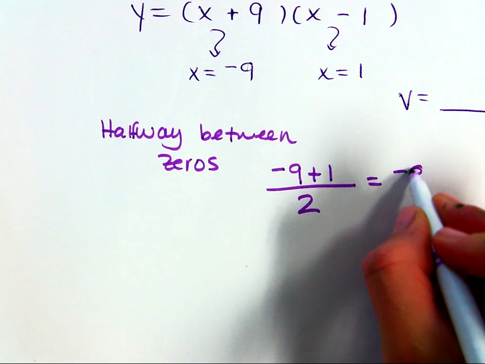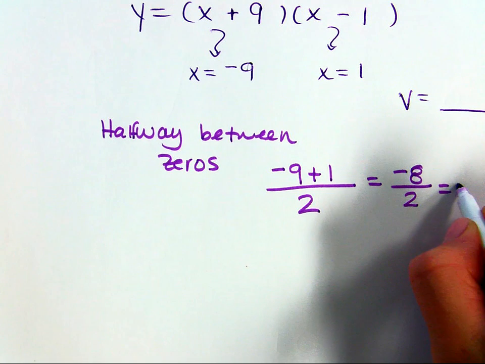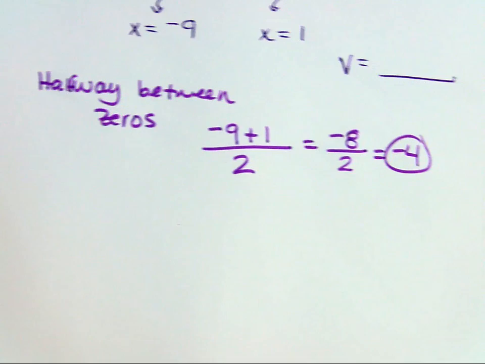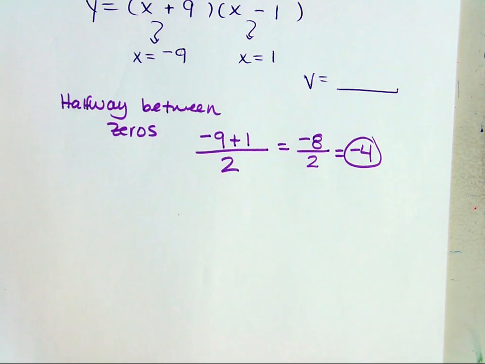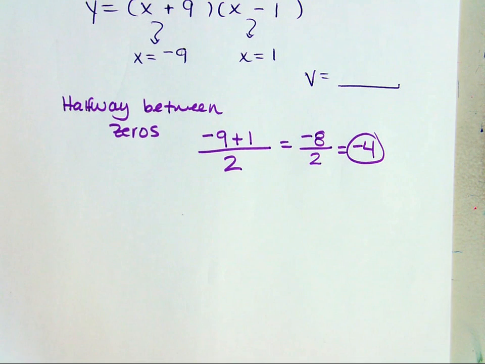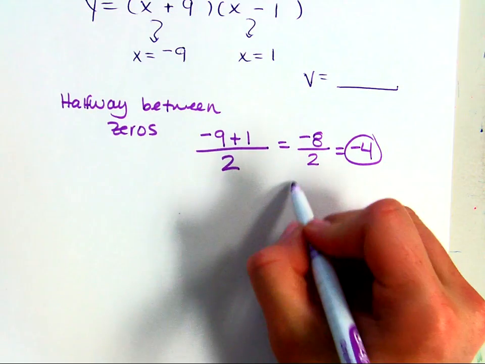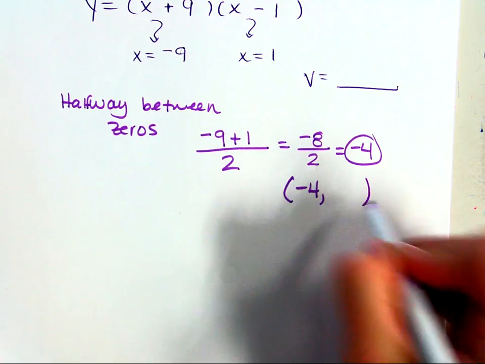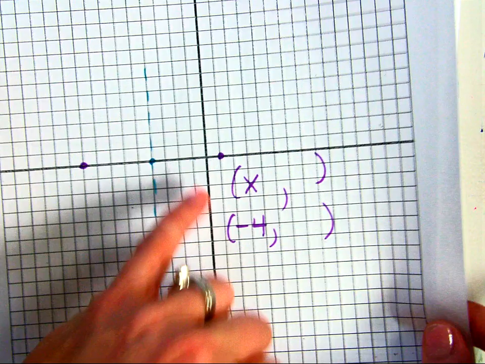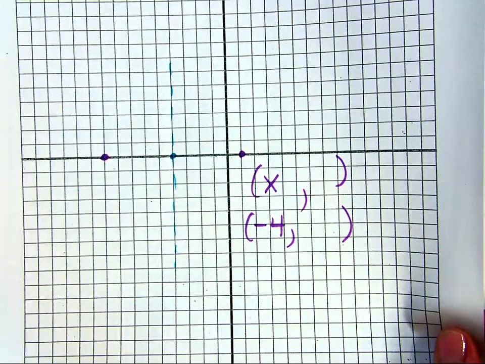Find halfway. So -9 plus 1 is -8. And -8 divided by 2 is -4. Didn't you tell me that's where the halfway mark was? So halfway between the zeros gives me my x.